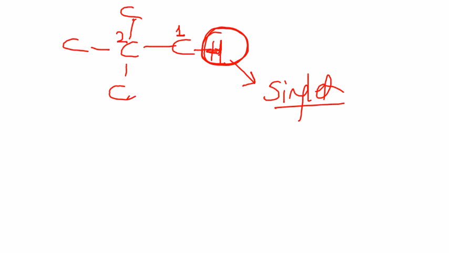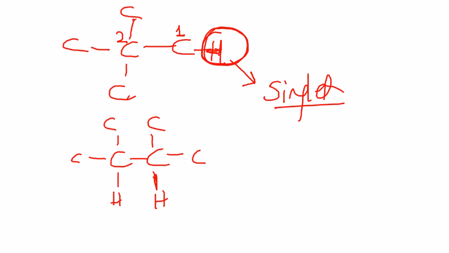Make sense? If, on the other hand, you have a hydrogen here and a hydrogen here, and this goes to carbon, this goes to carbon as well, and then there's oxygens or whatever. Now this has one neighbor, this has one neighbor as well. So these two are going to split each other as a doublet.